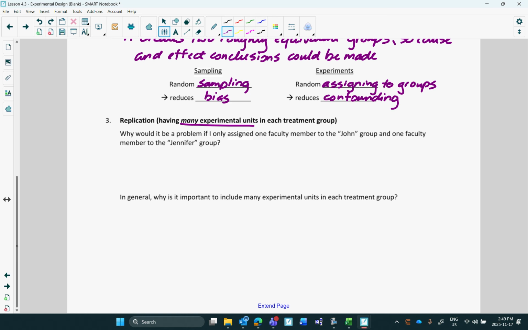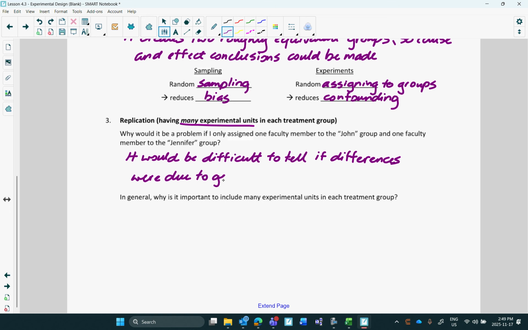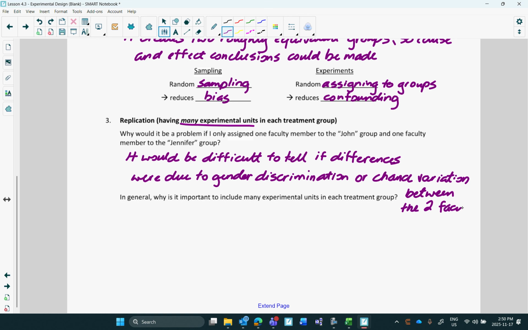So it would be difficult to tell if differences in learning were due to gender discrimination, which is what we're studying here, or chance variation between two faculty members. Yeah, it comes down to their personal views.